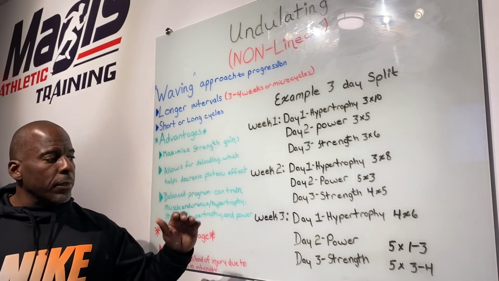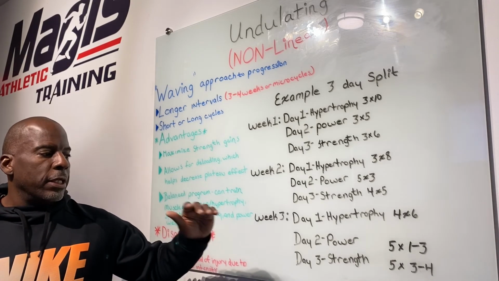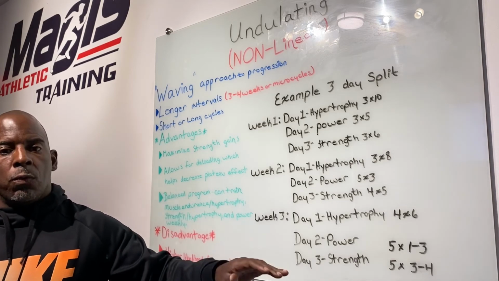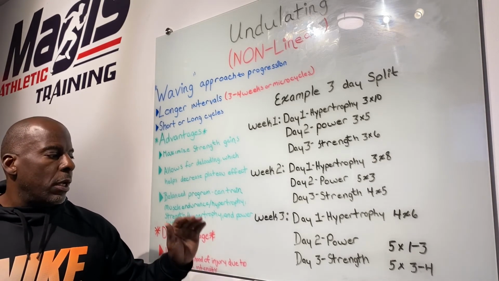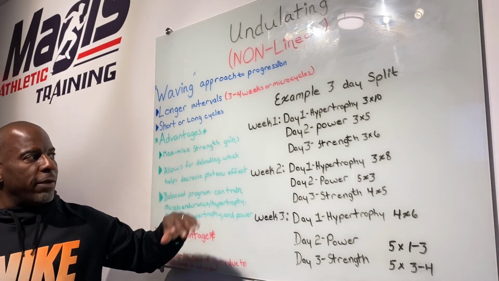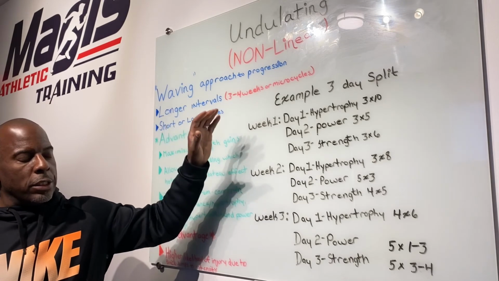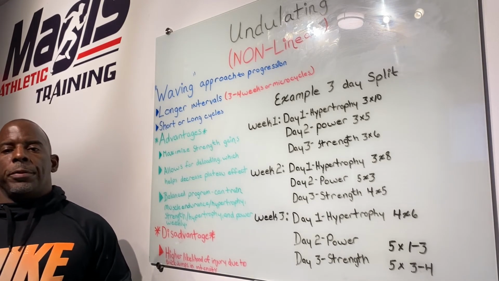So again, week 3, hypertrophy, day 1, 4 by 6. Day 2, power, 5 by 1 to 3. And strength, 5 by 3 to 4. So there you have it. That's how an undulating periodization looks compared to a linear periodization.